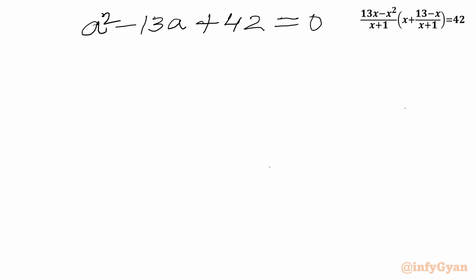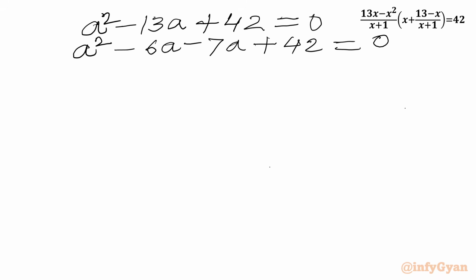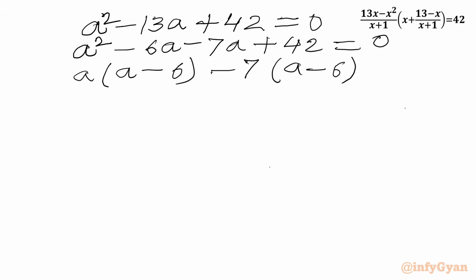which we will solve using the method of factorization. So we'll split our middle term: minus 13a as minus 6a minus 7a, plus 42 equal to 0. From the first two terms a is common, so there would be a minus 6 in the bracket. From the next two terms we will take minus 7 common, so we will write a minus 6 once again, equal to 0.